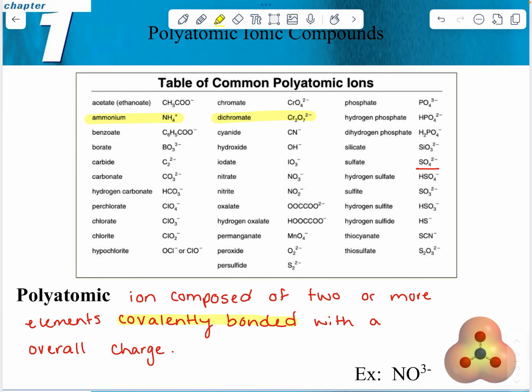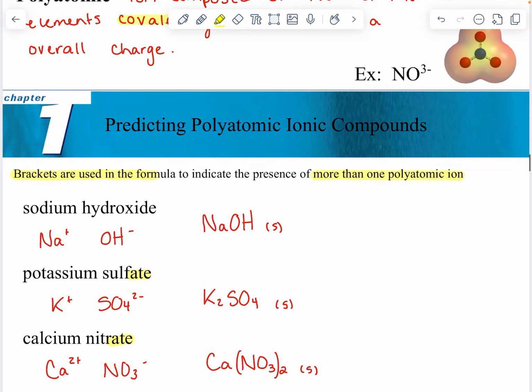As I mentioned, there are a couple that end in "ide", like carbide and cyanide, hydroxide, but I think those are some of the only ones. Peroxide, there's a couple, but if it doesn't end in "ide", chances are you're looking for it in the polyatomic ion chart.